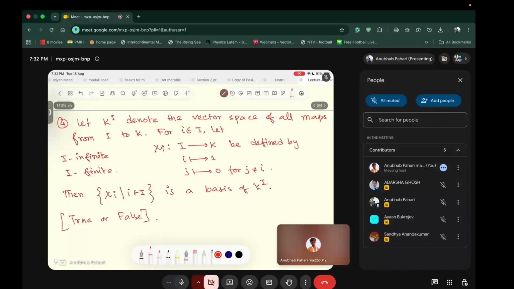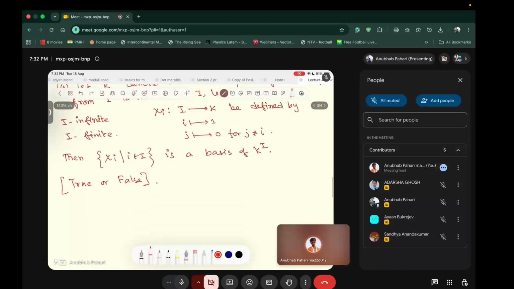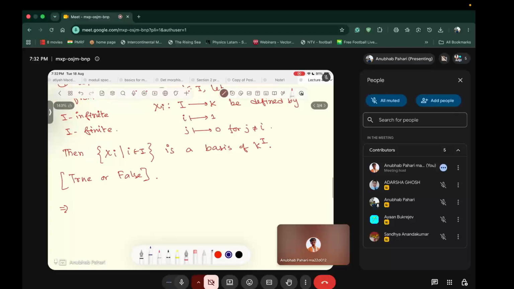It will be better if some of you try, and since you are attending, if you cannot, that is also fine. Okay, so first, suppose I is finite.